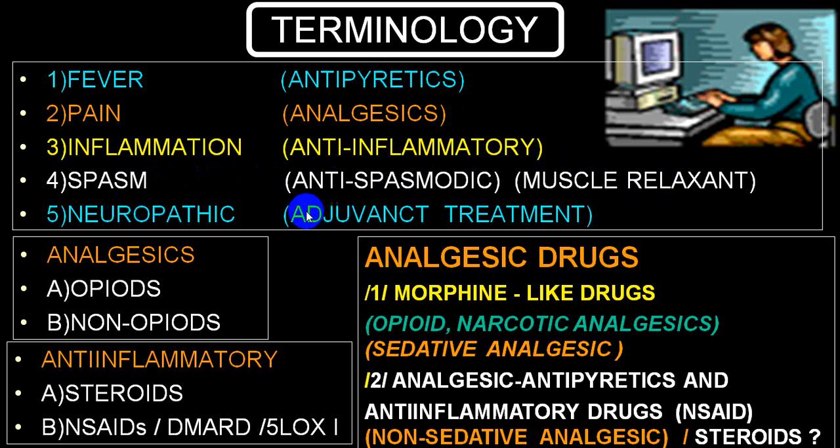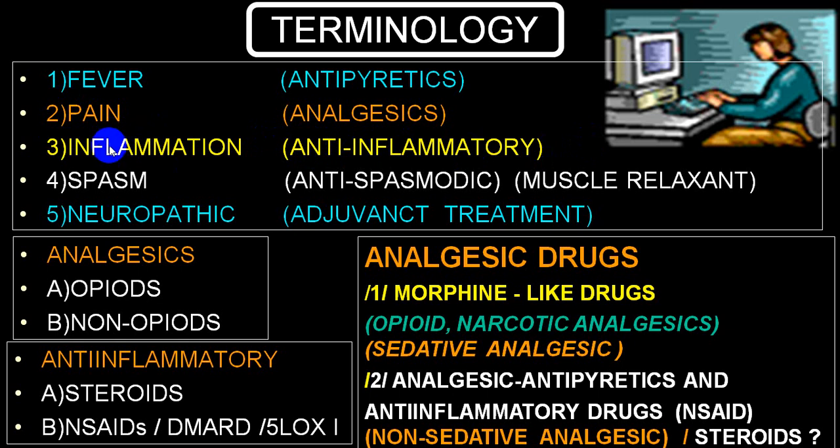And this we call adjuvant therapy, which is not related to any of the pathophysiology, and that you utilize very commonly in neuropathic pain and very commonly in chronic pain, particularly cancerous and non-cancerous chronic pain. As far as antipyretic is concerned, it is only utilized for fever.